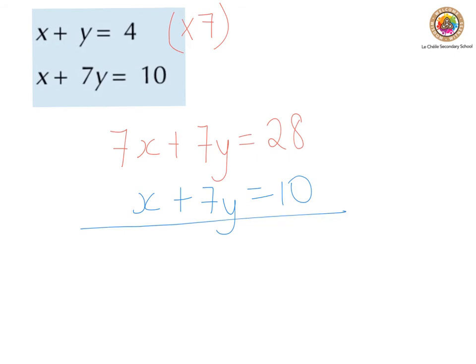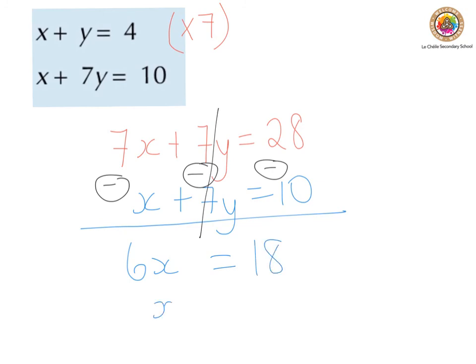I draw my line, and now again I take the equations away from each other, and minus. So here I have, well, 7x take away x, that leaves me with 6x. And here, 7y take away 7y, well, they cancel. And so here I have 28 take away 10, and that's going to leave me with 18. So I know then, well, x is equal to 18 divided by 6, x is equal to 3.